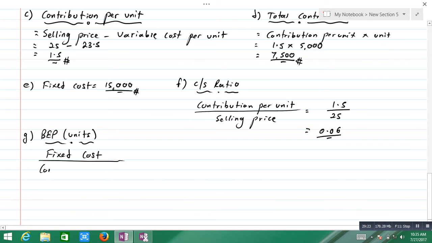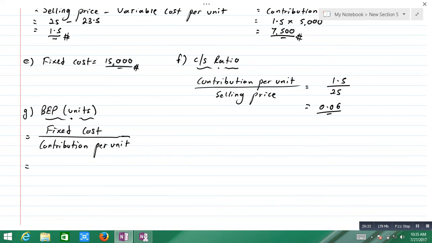And then in the same required, we need to calculate the BEP value, don't forget, which is fixed cost divided with the CS ratio.